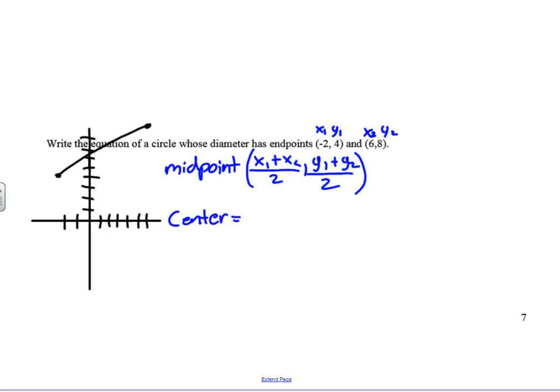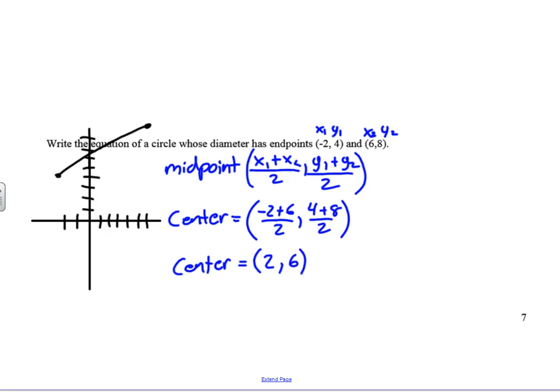So the center is the midpoint of the diameter. So negative 2 plus 6 divided by 2, and 4 plus 8 divided by 2. So if we simplify that, it'd be 4 divided by 2, which is 2, and 12 divided by 2, which is 6.